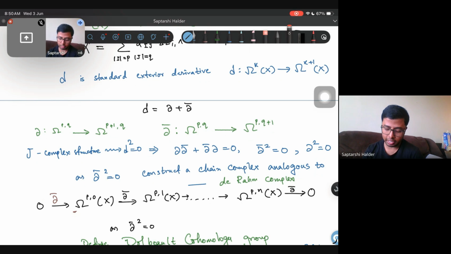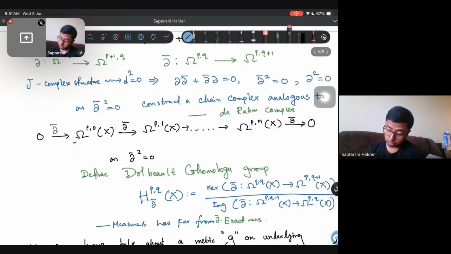If we take an element from here and use the del bar operator, it will raise a degree, giving Omega^{p,1}(X), and similarly for the following ones, up to Omega^{p,n}(X). Now if you use del bar here, it's the top degree form, so there is nothing after this. We know that if we apply the del bar operator or the d operator on a top degree form, it will vanish and give you 0. So this is the whole chain that we have.